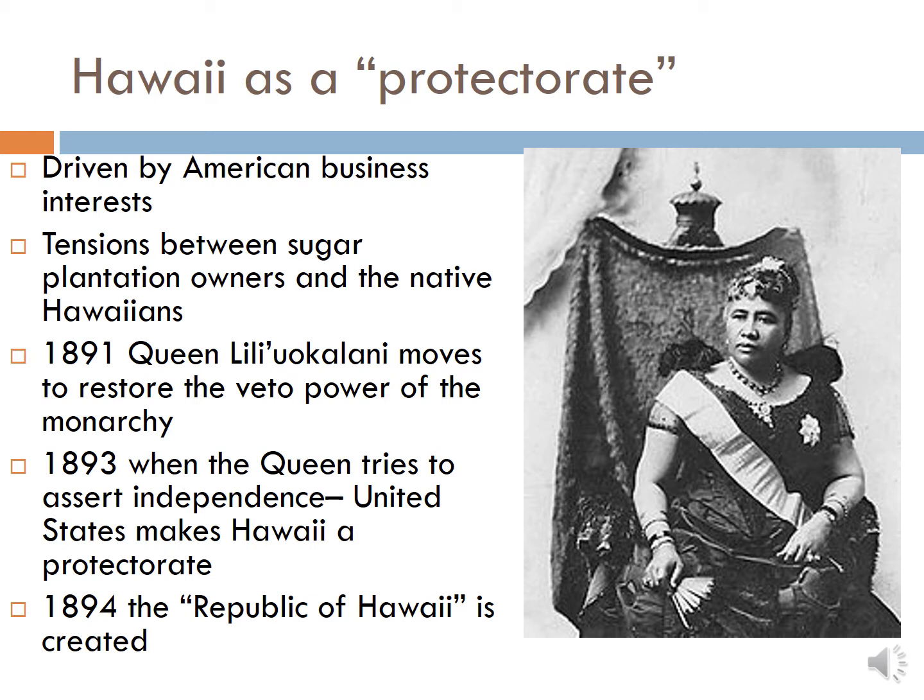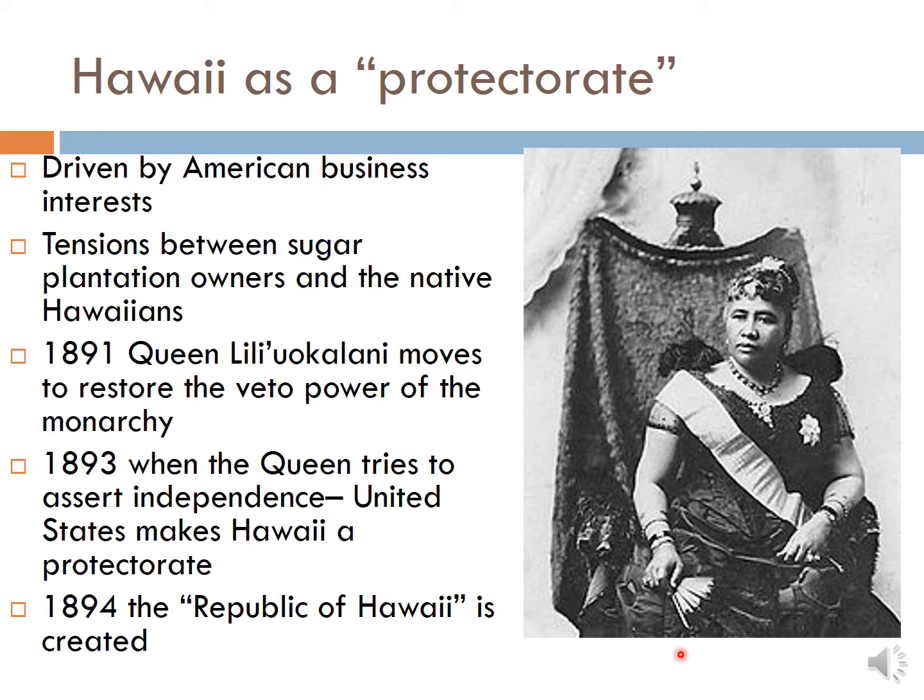And the reason for this is because the Native Hawaiians had a monarchy, and this monarchy wanted to have a certain amount of power and legitimacy, understandably. And you can see here pictured, this is Queen Liliuokalani, and Queen Liliuokalani comes to power at a very contentious time in Hawaii's history.